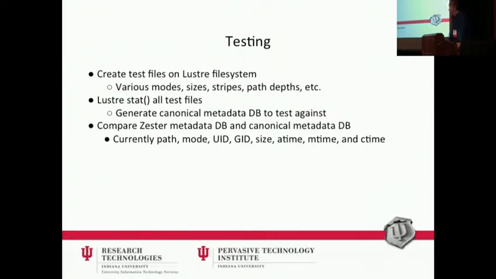You run this against your MDT and OST ZDB dumps and have a metadata DB that's the way Zester thinks things are. Then you run the canonical stat generation utility, and now you have another database that you're sure is how Lustre views it. Then we have a tool that goes through one by one and compares those.